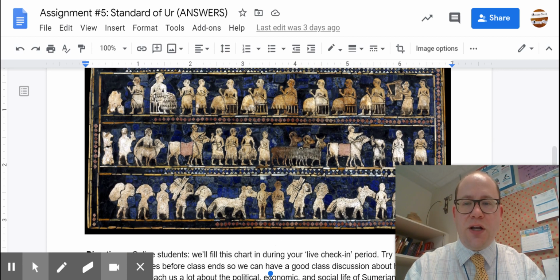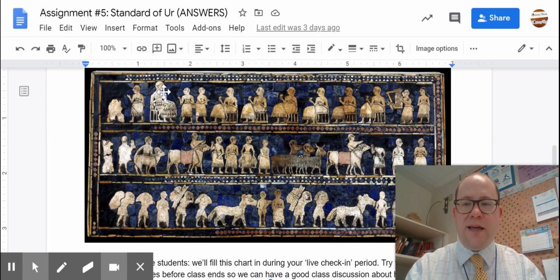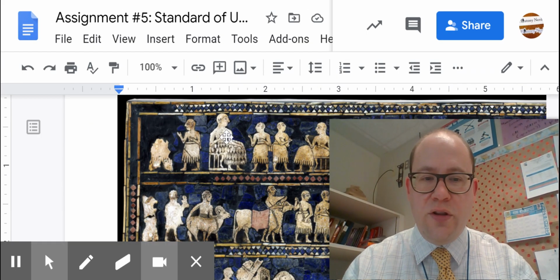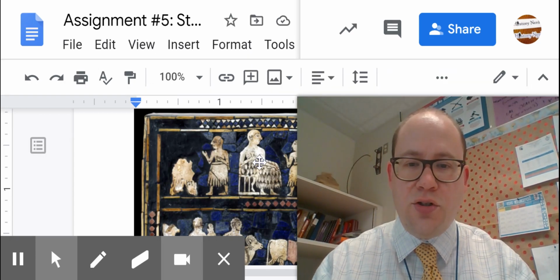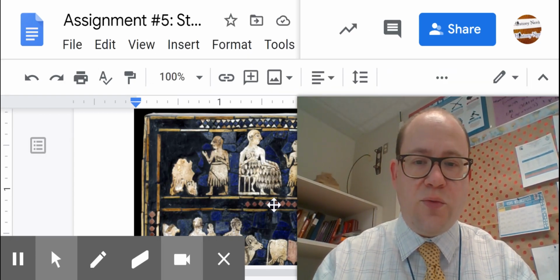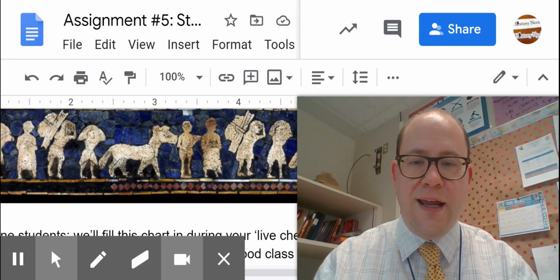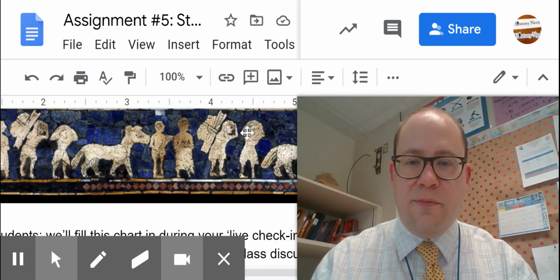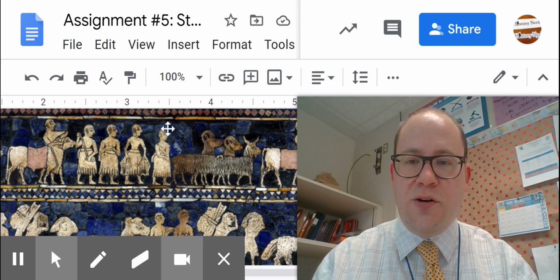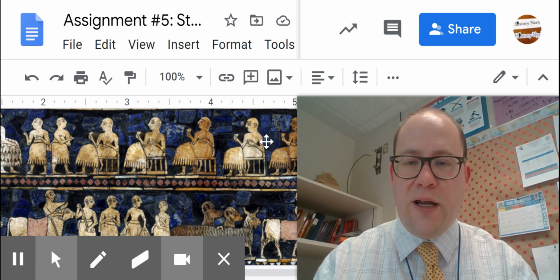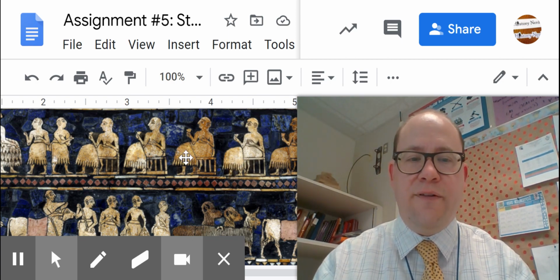If we look in general, the figures on the top, I see some facial features and some features of their attire. I can tell what their dress or this piece of clothing was made out of. I might see some noses and some eyes on the lower figures, but I don't have nearly the level of detail that I have up here, where I can see like ankle bones and stuff like that.